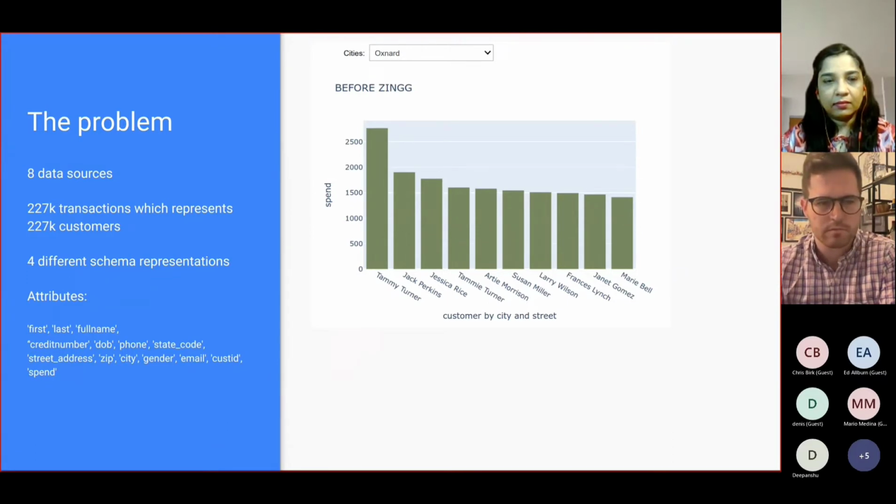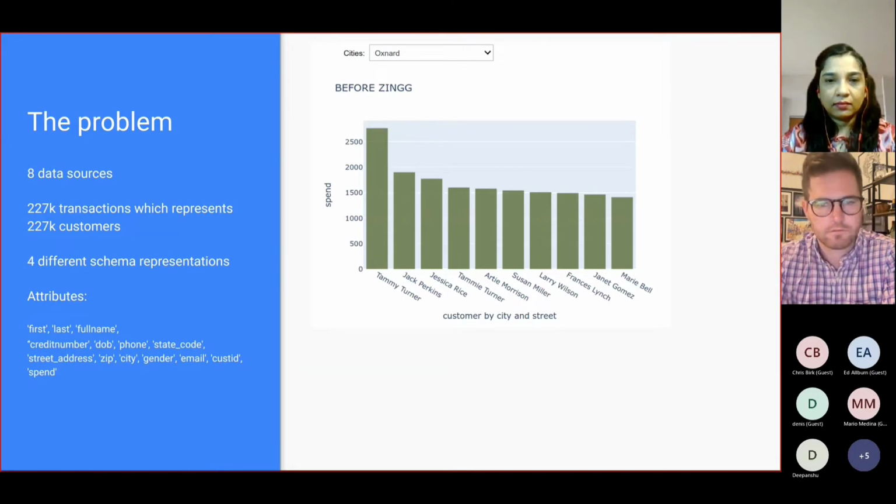The usual attributes, the usual suspects like full name, first name, last name, date of birth, phone, street address, stuff like that. And I installed Zingg on my computer using Docker, and I was able to manage this volume of data very easily, and I was pretty surprised.